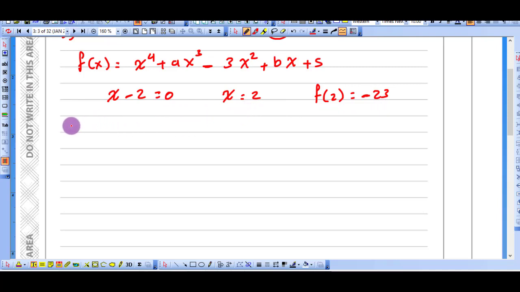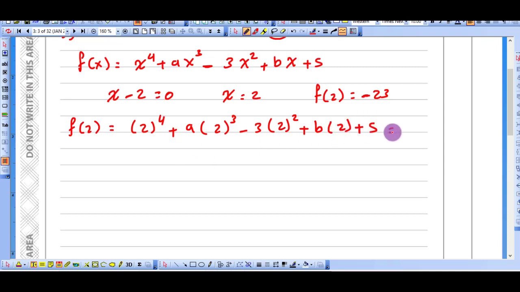So let us find f of 2. f of 2 is equal to 2 power 4 plus a times 2 cubed minus 3 times 2 squared plus b multiplied by 2 plus 5. This part is equal to minus 23.